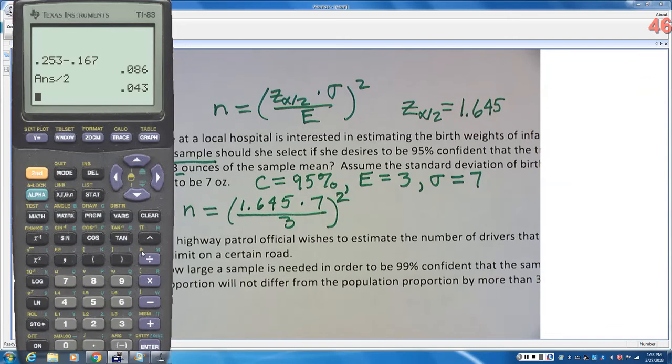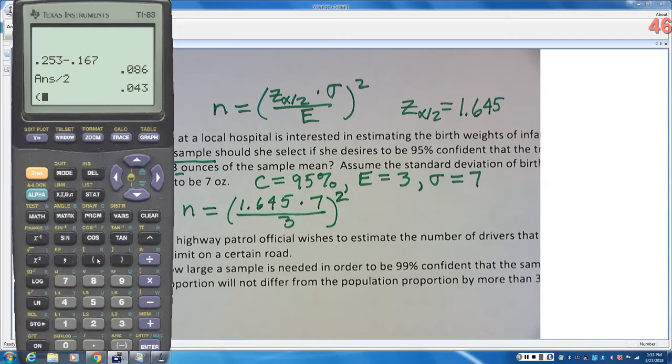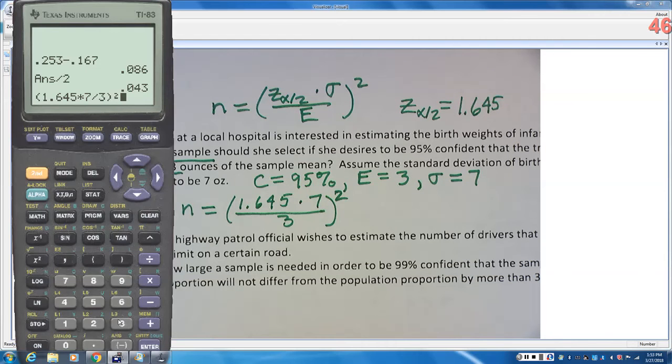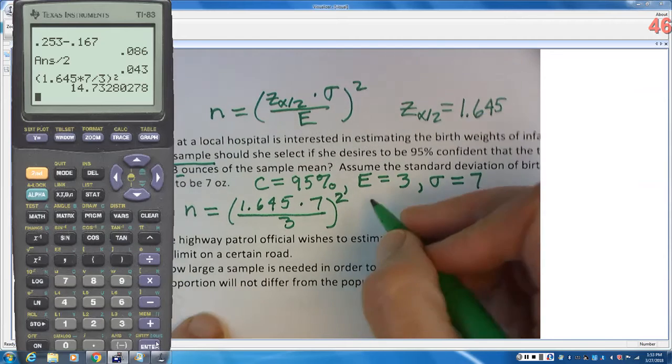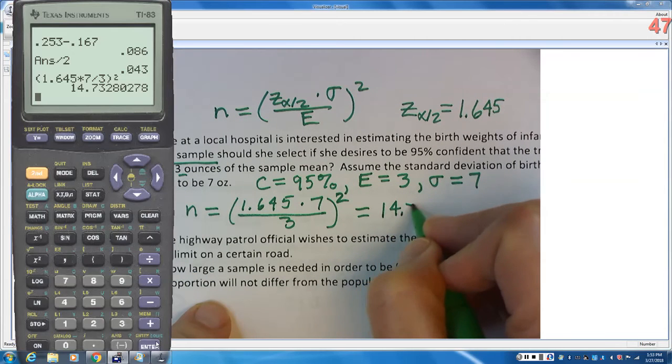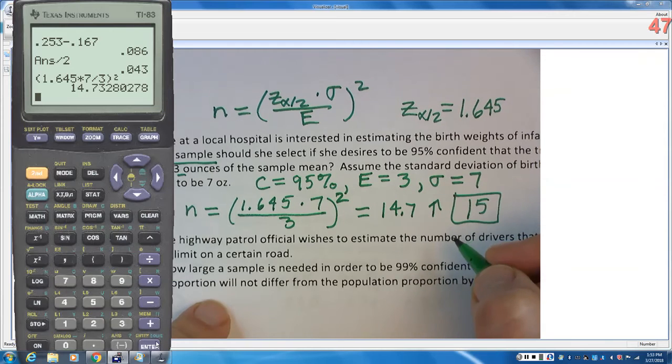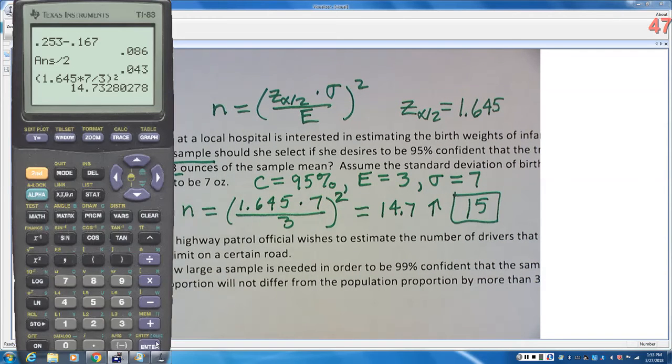So we can put it in the calculator just like that with parentheses if we want: 1.645 times 7 divided by 3, close the parenthesis, and square that. If we get 14.7 something, you go up to 15. You'd have to use a sample size of 15.